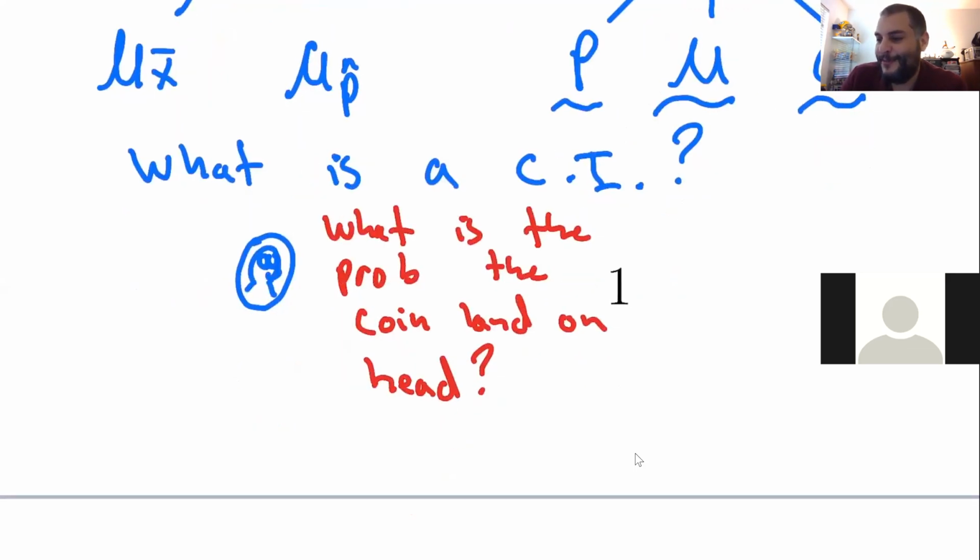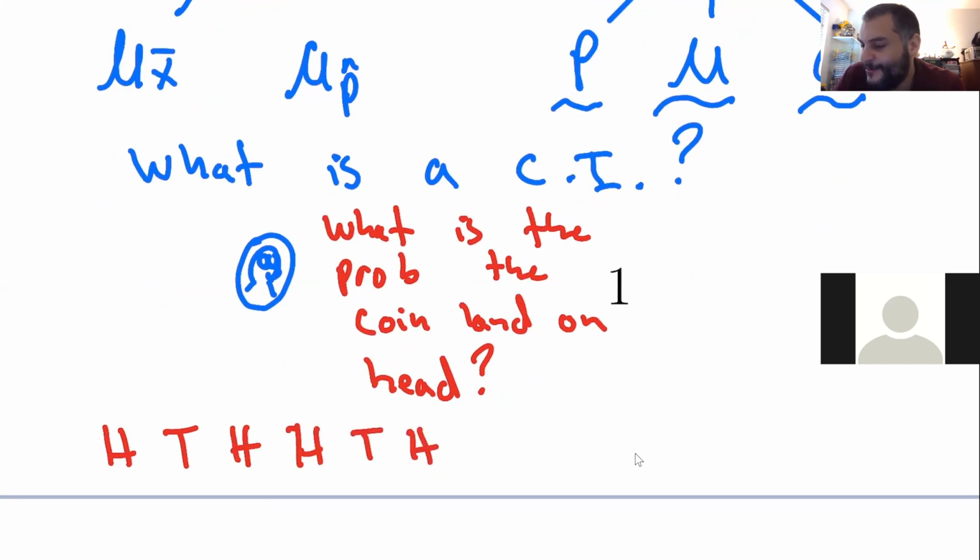So say we flip the coin and we get heads, tail, heads, heads, heads, tail, heads, heads, tail. Say we flip the coin 10 times and we get this result.